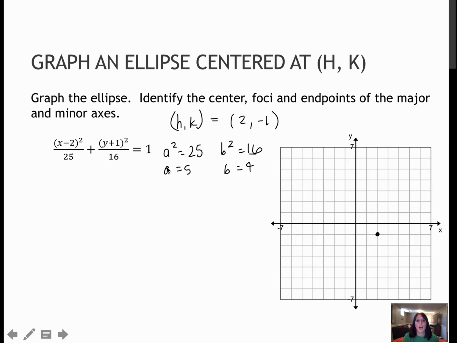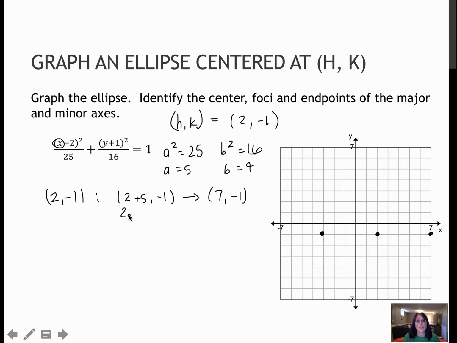Now, in terms of how you find those endpoints of the major axis, I can just start here and count 5. 1, 2, 3, 4, 5. That would be the major axis. Again, I did that on the x because the larger was below the x. The other way, of course, is to take your 2, -1 and say, let's take 2 plus 5, -1, which is 7, -1.